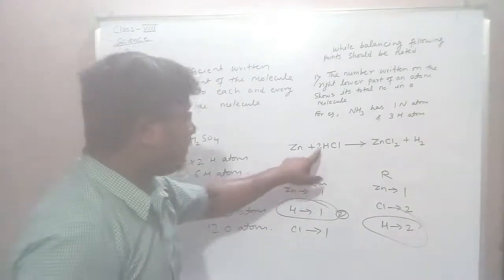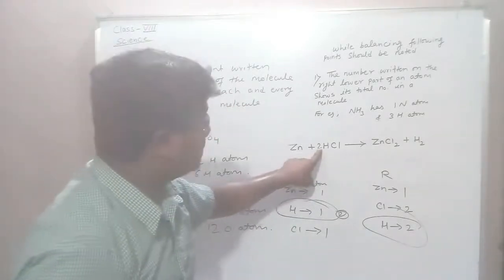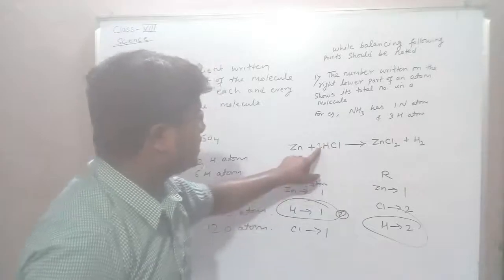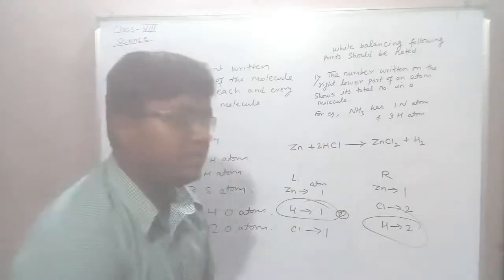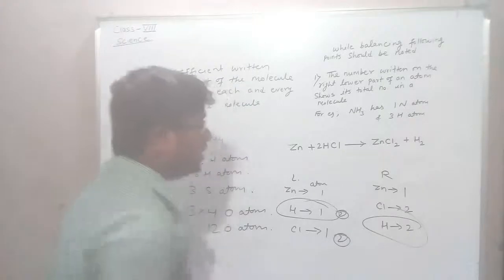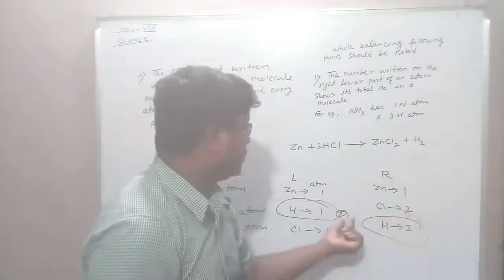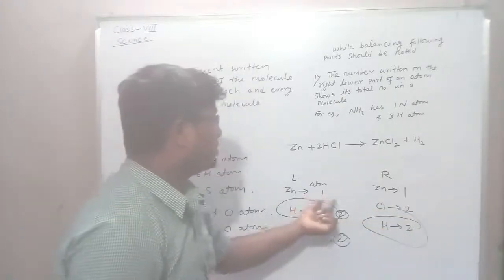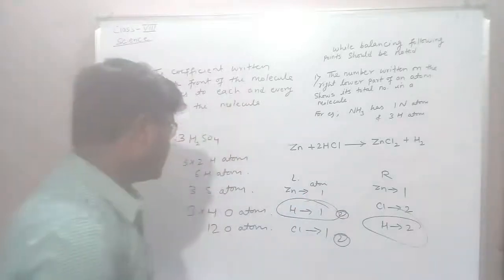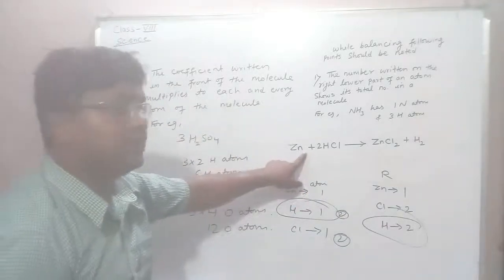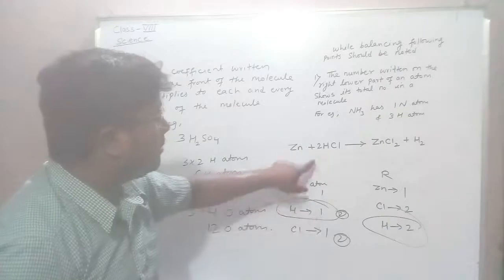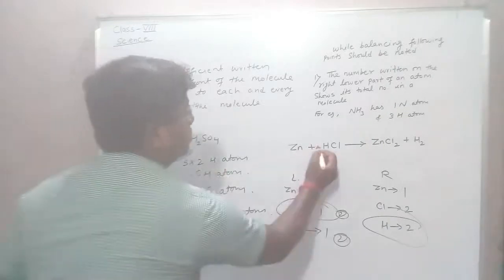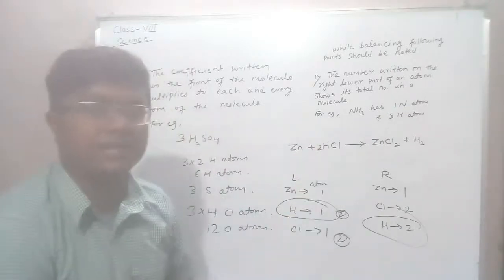So this 2 is multiplied to hydrogen and also to the chlorine atom, so it will become 2. Now let's see: 2 chlorine, 2 hydrogen, 1 zinc, 1 zinc. So now this is your balanced chemical equation. How have we balanced it? I have just written here 2, and it is balanced.